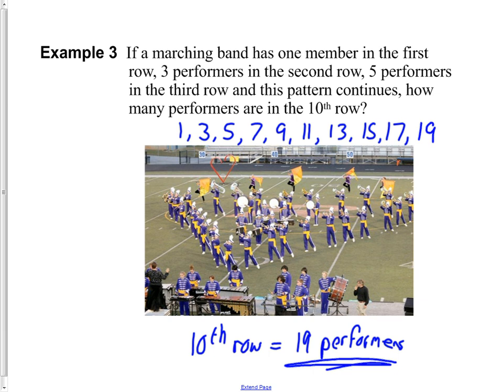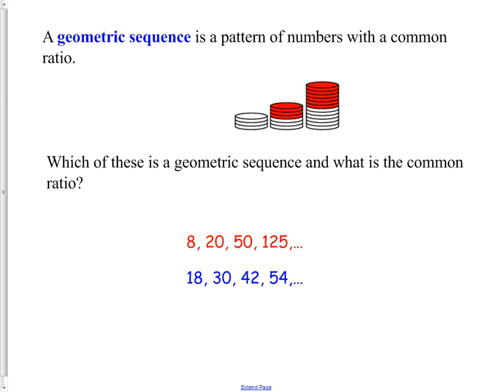Let's go through and talk about a geometric sequence. A geometric sequence is a pattern of numbers with a common ratio. So in this case, I have 3, then I have 6, then I have 12. As you can see here, the common ratio would be 6 over 3, which is 2, or 12 over 6, which is 2.